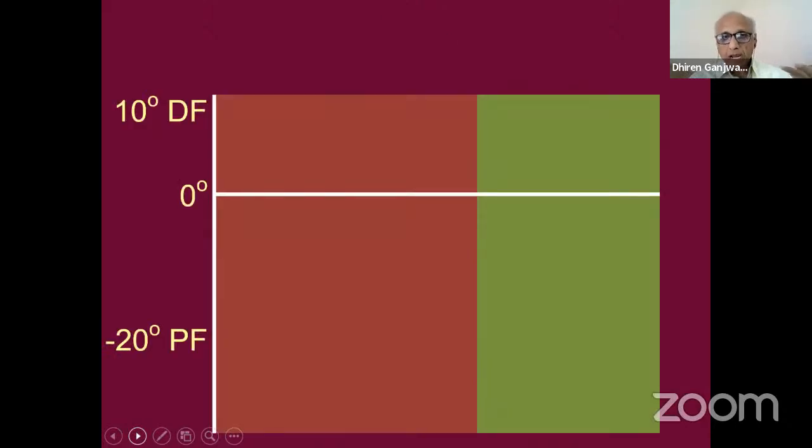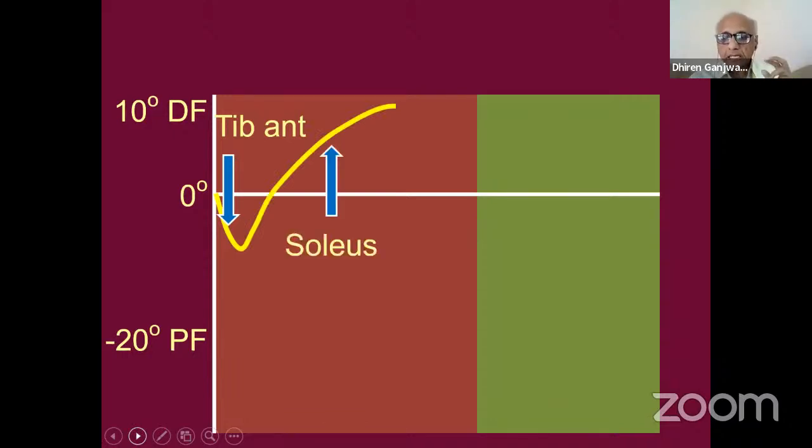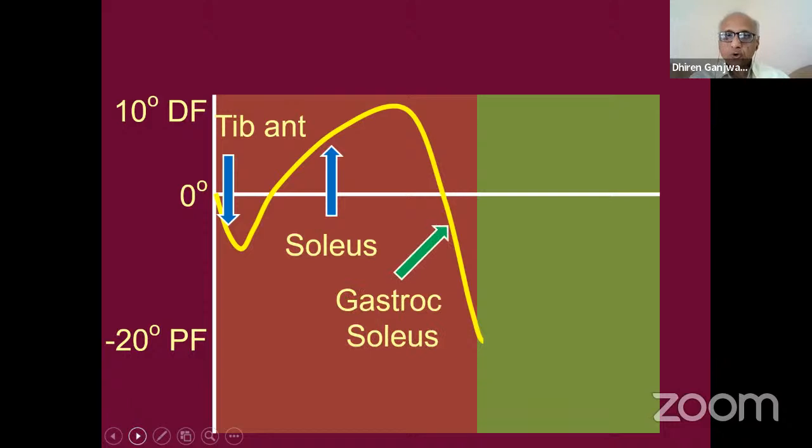So now we are trying to revise what we understood. This first part, plantar flexion, is controlled by eccentric work of the tibialis anterior. Then the dorsiflexion is controlled by eccentric work of the soleus. This rapid plantar flexion is controlled by both gastroc and soleus working concentrically, so it's shown in a green color.